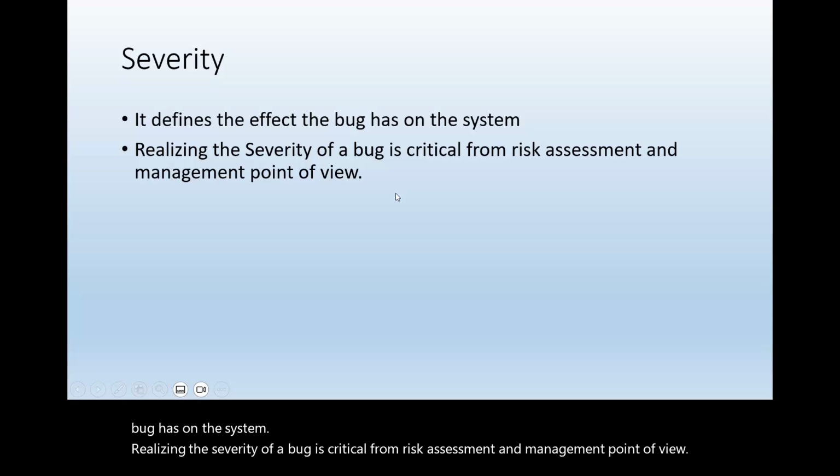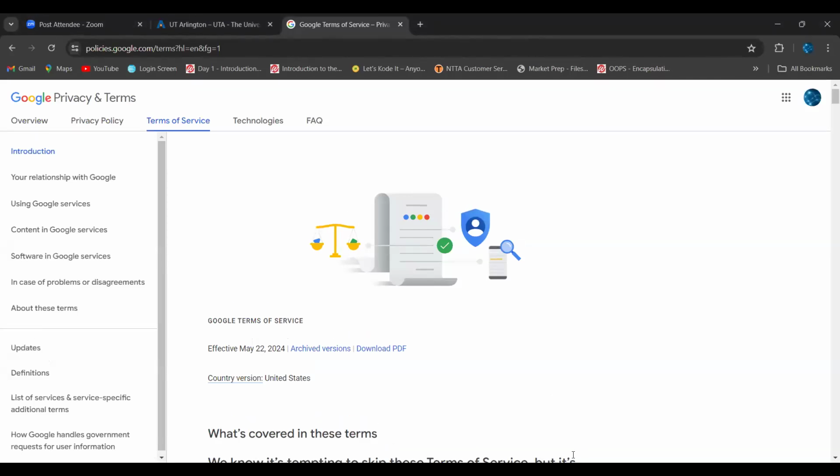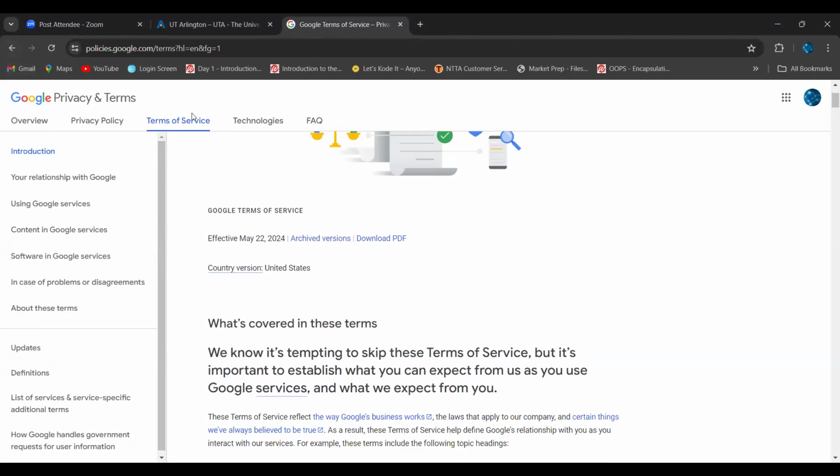What does it mean? Let's talk about the Google page now. Let me go back to the Google page, and you see from this Google page this terms and condition right here. Terms and services, terms and condition and privacy. If you click on this, we find terms and services on there.